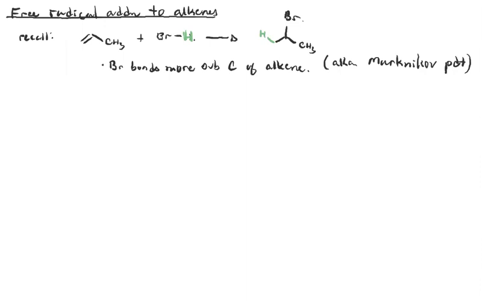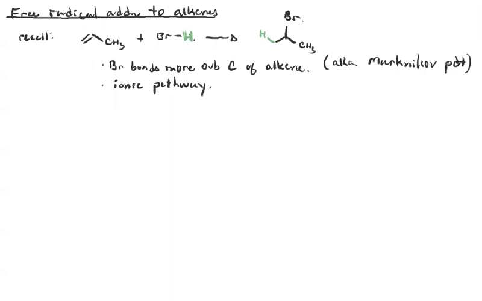All right, so this was the previous reaction we discussed. We said it proceeds by an ionic pathway, right? So the first step is protonation of the alkene to give a carbocation, and then trapping by bromide.